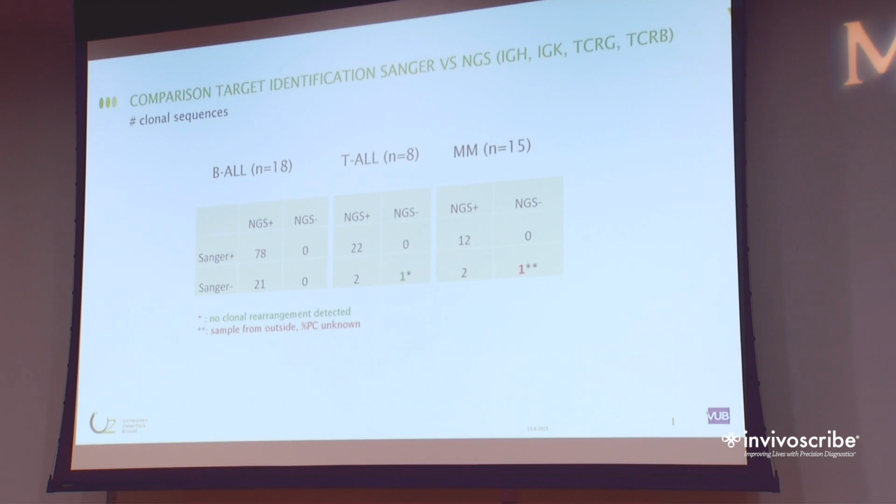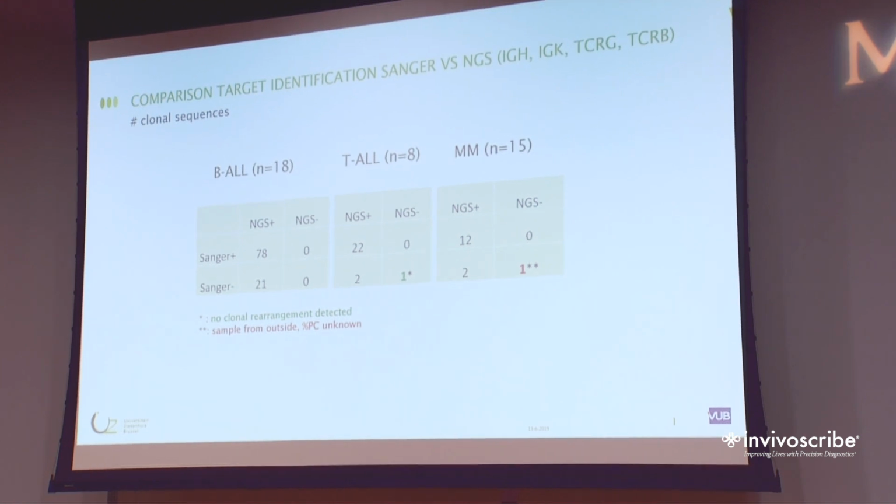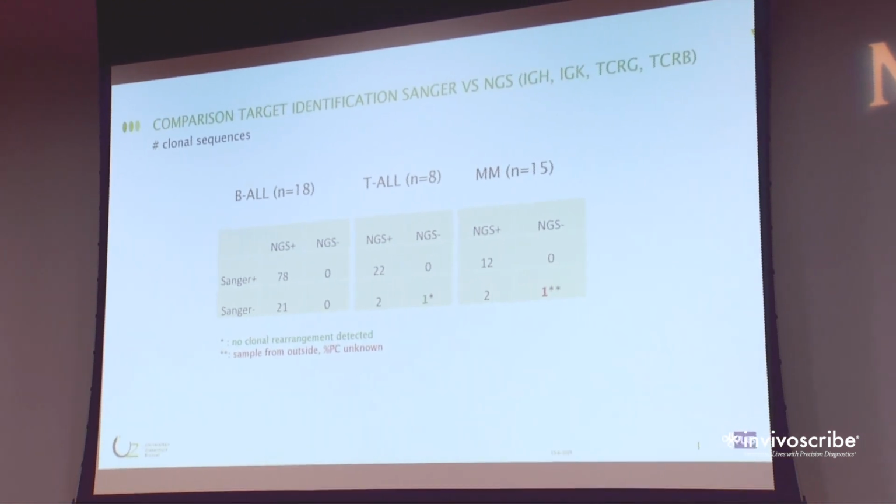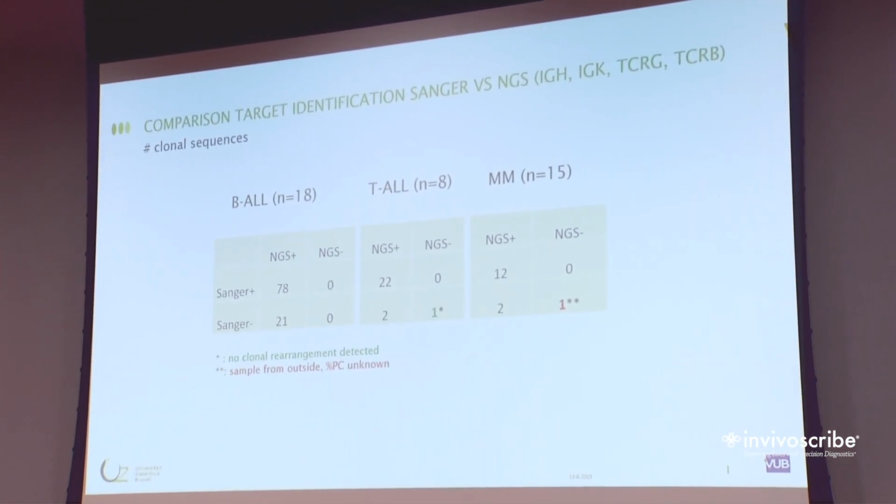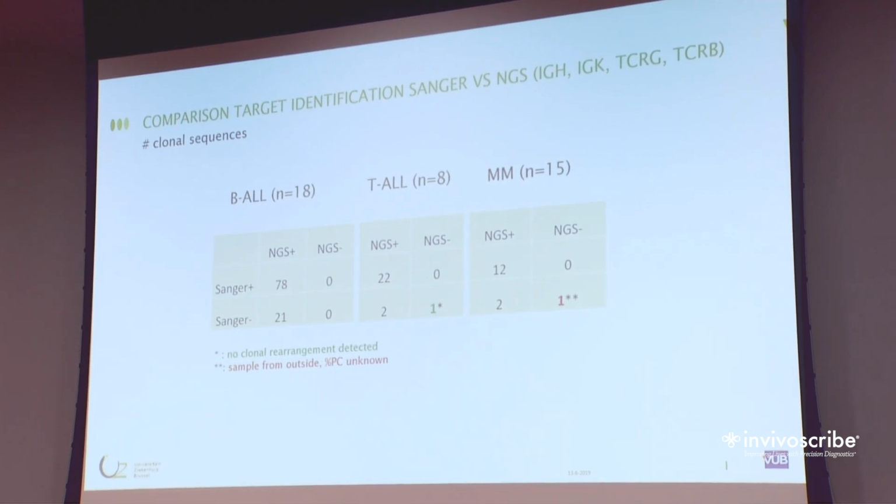And we had 1 sample that was not clonal at all, in which we could not find a clonotype, but that is probably because we don't know the percentage of plasma cells. It was a sample from outside, so we're not sure that there were enough clonal cells in that sample.